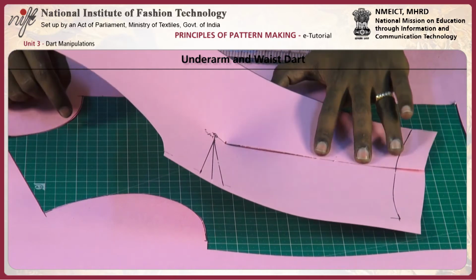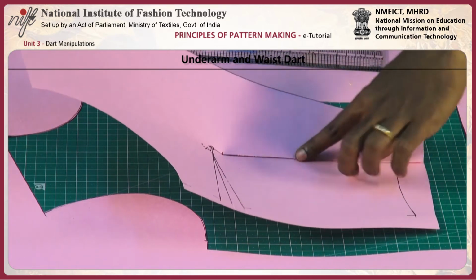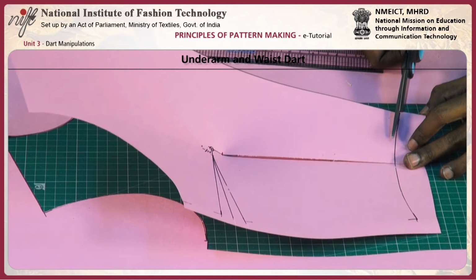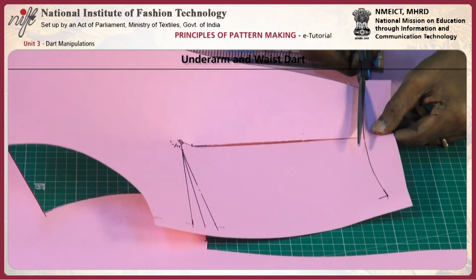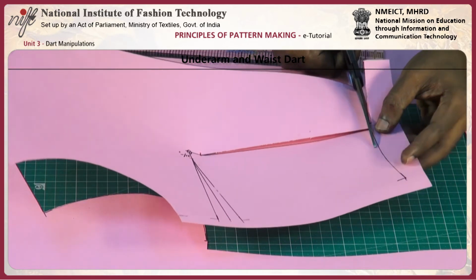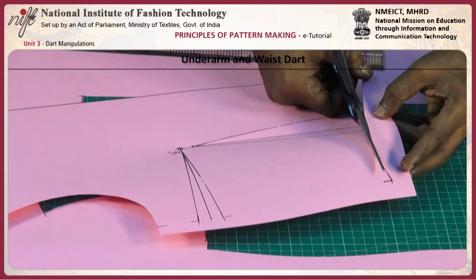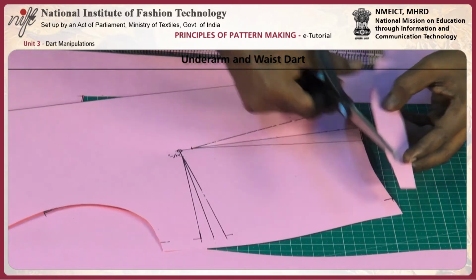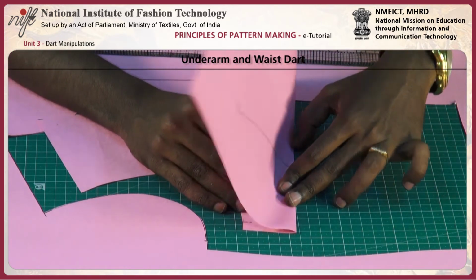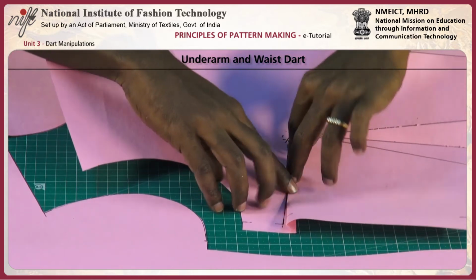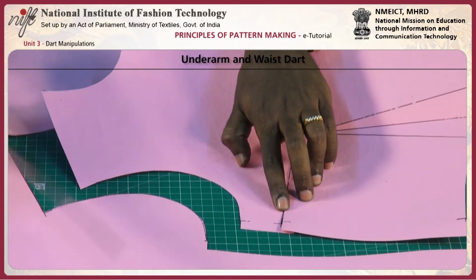Crease the line, make the curve, then cut the line. Fold the dart, then draw the straight line.